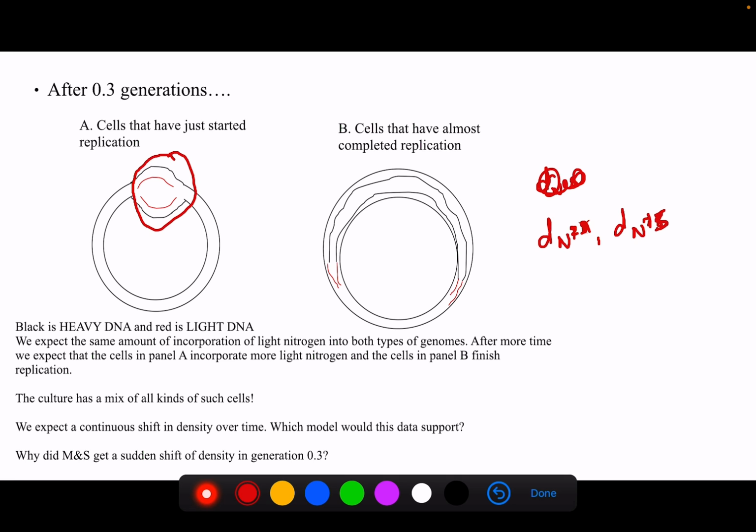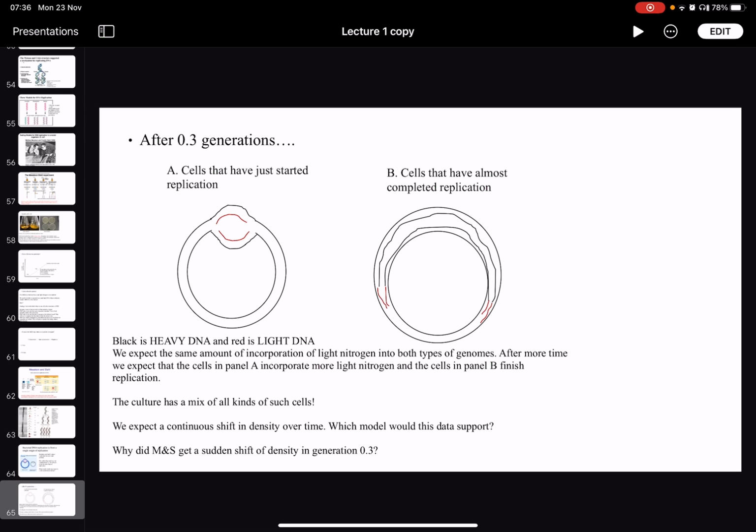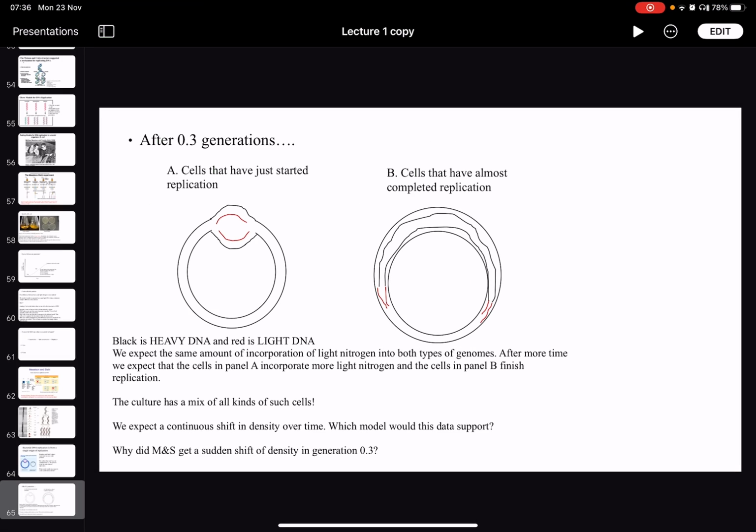So let's say if there is X amount of replication that happens, you will get 1 minus X of DN15, let's say initial was 15, plus X amount of DN15 plus DN14 by 2, and this X is variable across the board, so you will not see a very sharp band.